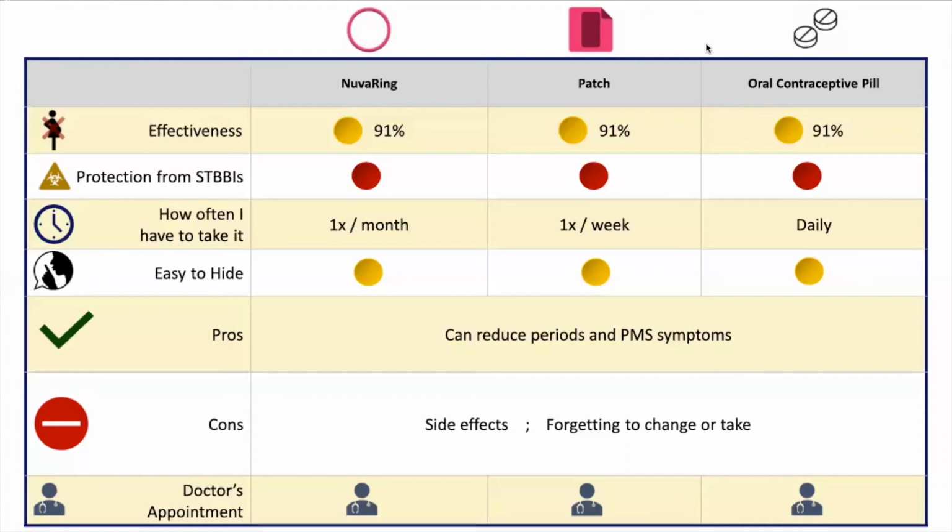Amongst other things, it can cause significant mood changes in some people, and there are many different brands and types of pill on the market right now. Each person is going to experience different side effects based on the brand of pill that they are taking. So it might take a few tries, and you might need to try a few different brands before you find the one that works for you.